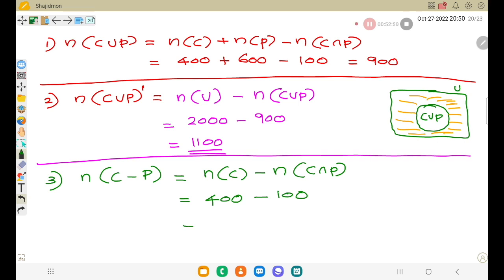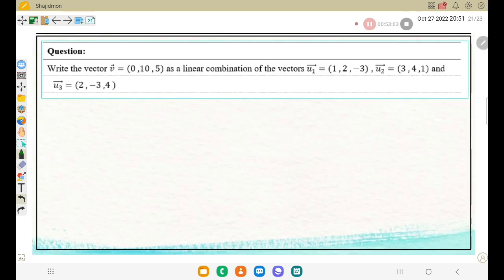So 400 minus 100 means 300. These 300 students have taken only chemistry. So this is the third part of the question. Hope you understood this question. Now let me go to the next one.